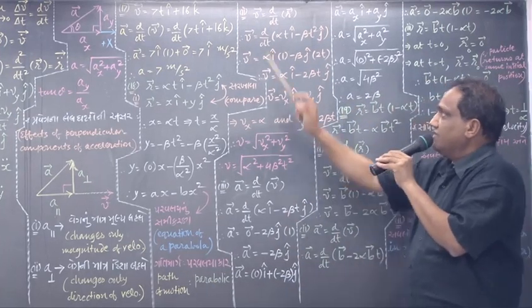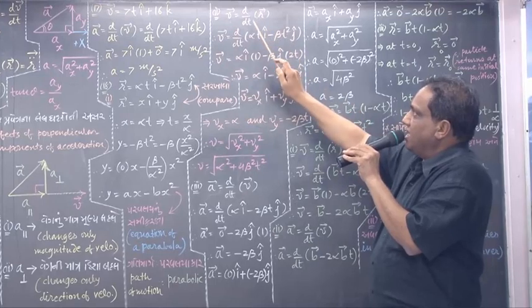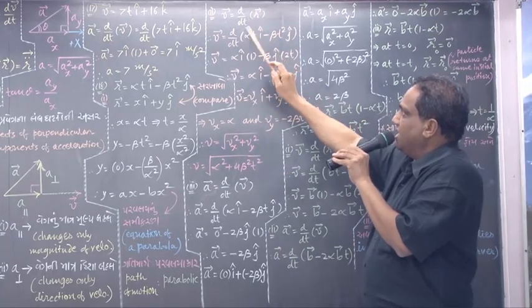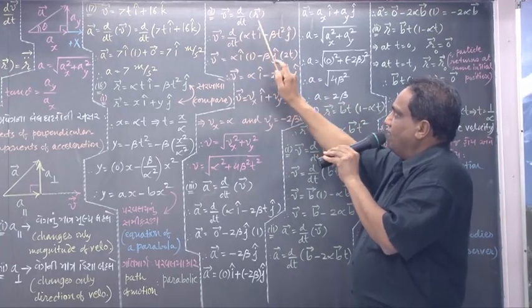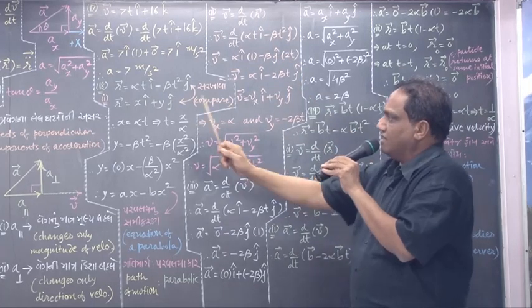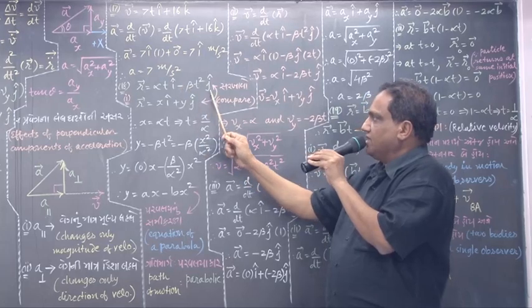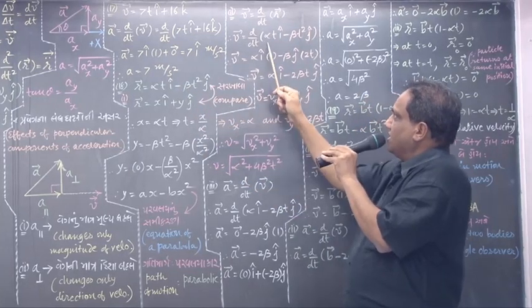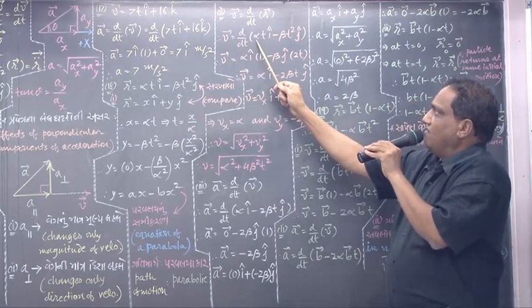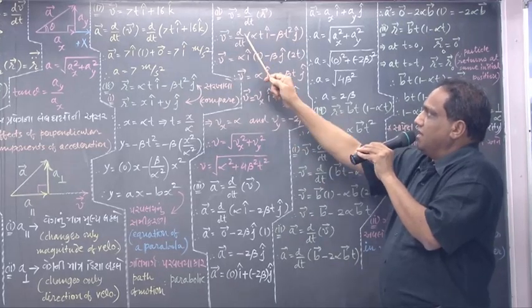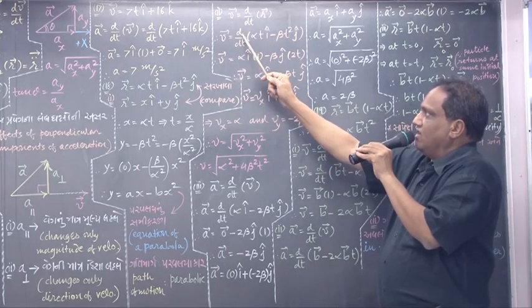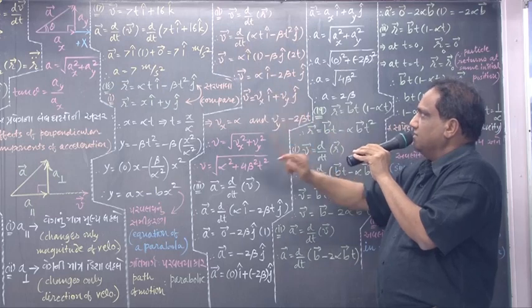Now see, vector v equals d by dt of vector r. What is vector r? They have given alpha t i hat minus beta t square j hat. Same formula written here. Now alpha i hat is constant. d by dt of t, the derivative of time with respect to time, is 1.